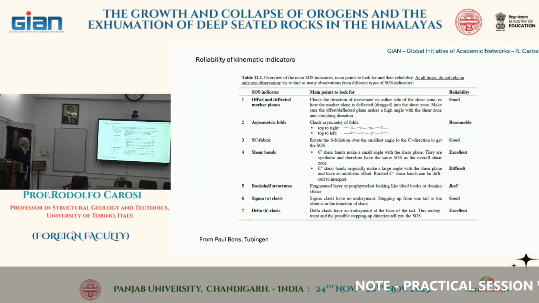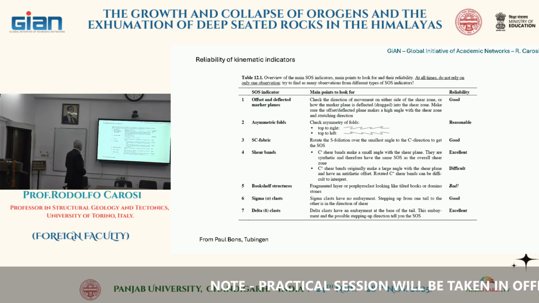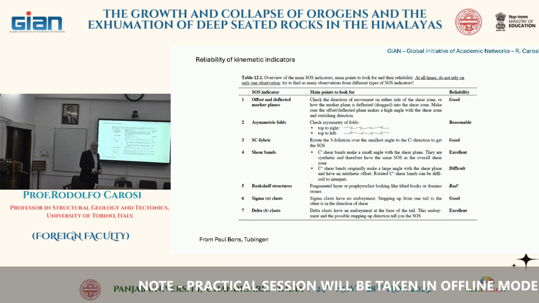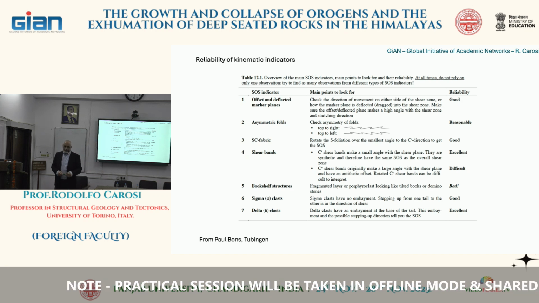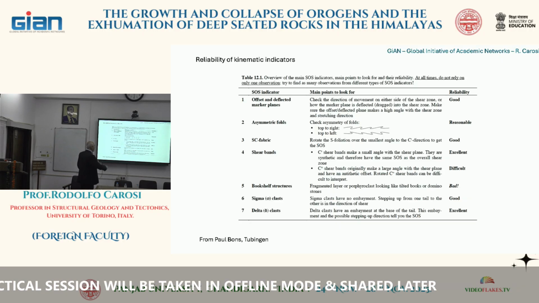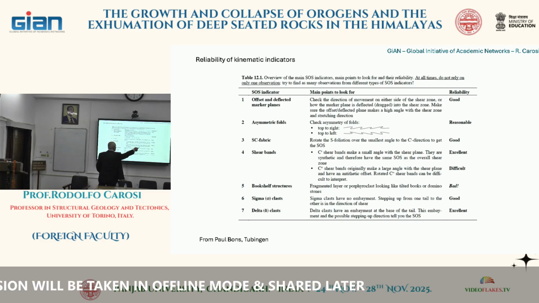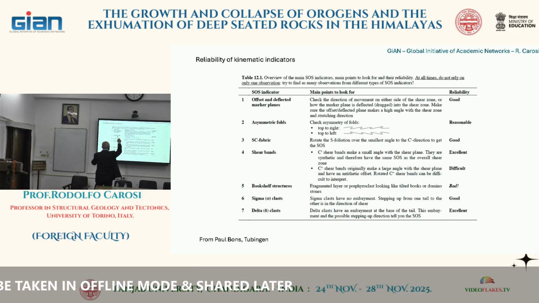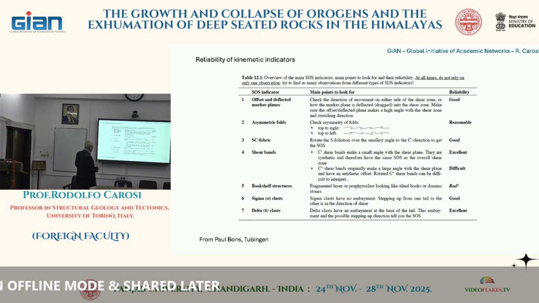In this final picture, you can see an evaluation of the kinematic indicators by Paul Bons, a structural geologist from Tübingen, very famous. And he put an evaluation of the reliability of kinematic indicators on the right.